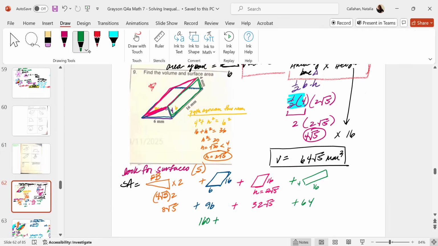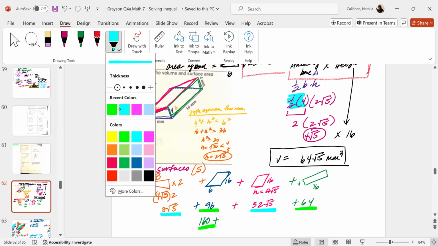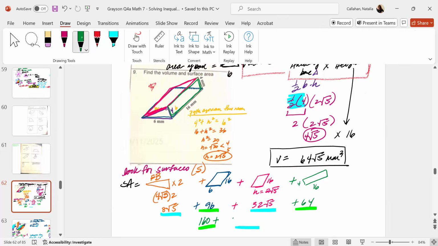Eight, and you can actually combine these two together. Do you see that? Because they both have the square root of 5, right? So that would be 40 square root 5, because 32 plus 8 is 40. And it'll be millimeters squared. So on your cards, surface area, look for surfaces, 5. Make sure you write that down so you know.